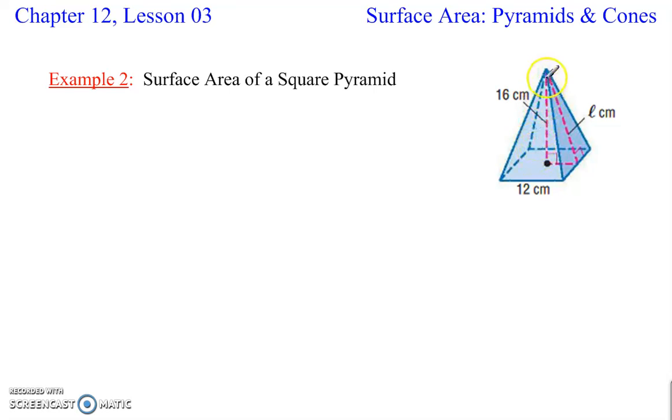Alright, so if we know the altitude, and we know that one side here is 12, we can use the Pythagorean theorem to find the slant height.